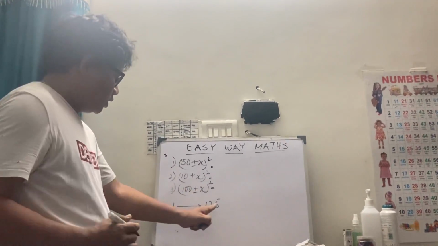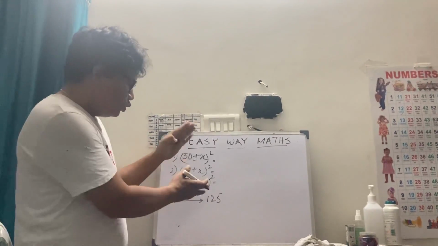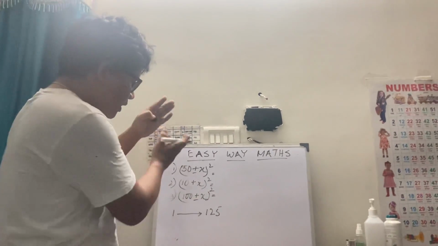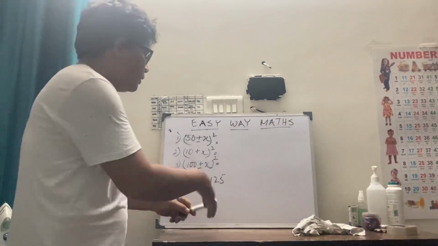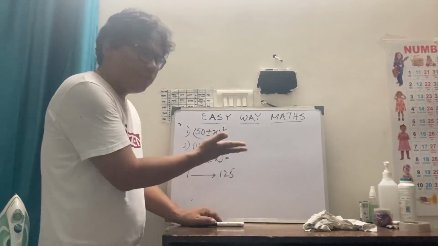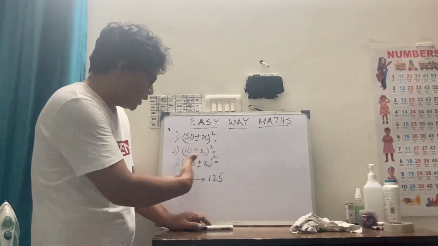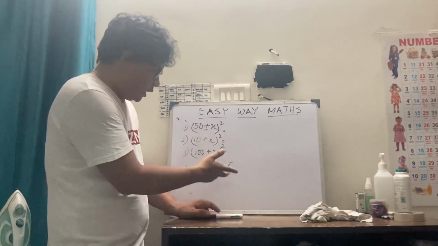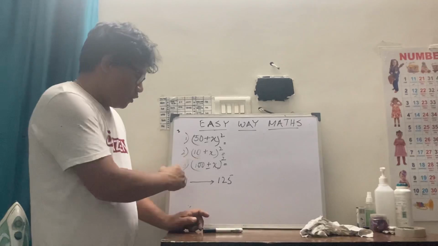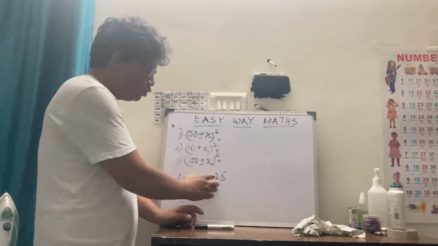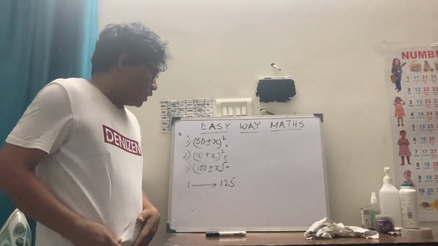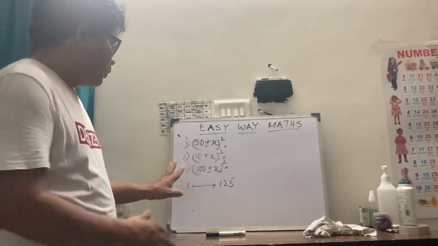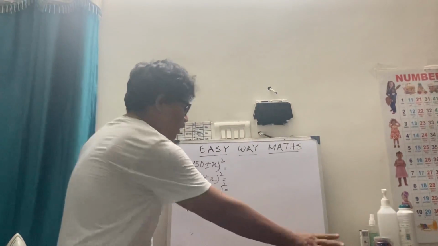So in my previous class and today's class, I think I've covered more or less the ways of finding squares of numbers in a very shortcut method, right? And with this, you would be able to find squares of numbers from 1 to 125. You don't even need to learn anything by heart, okay? So with this, we will close down today's topic.